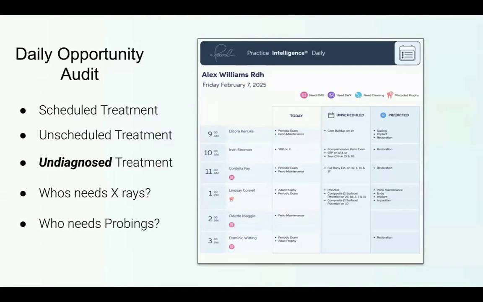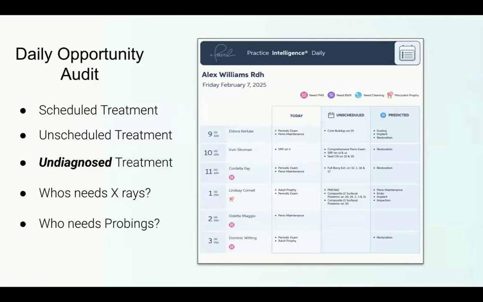And then ultimately, whether you have a morning huddle or not, you have a patient-centered printout for each provider to deliver the best care, reminding them of what's scheduled today, what's remaining unscheduled in their treatment plan that you're going to revisit during their hygiene or restorative visit. Make sure they stop at the front desk if they need to.